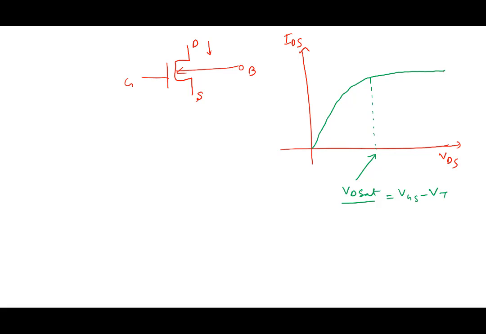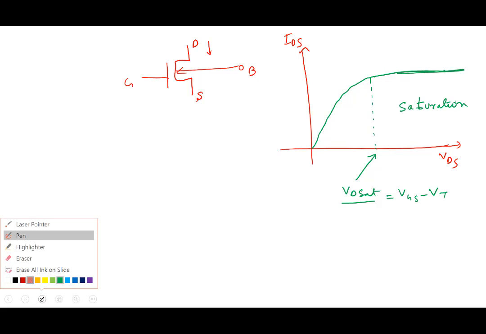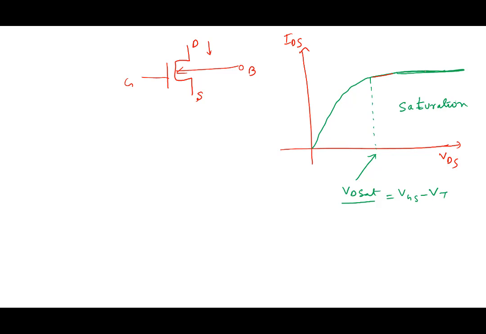So all this region is called the saturation region, unlike a bipolar transistor. And this region is called the linear region. It's not exactly linear.